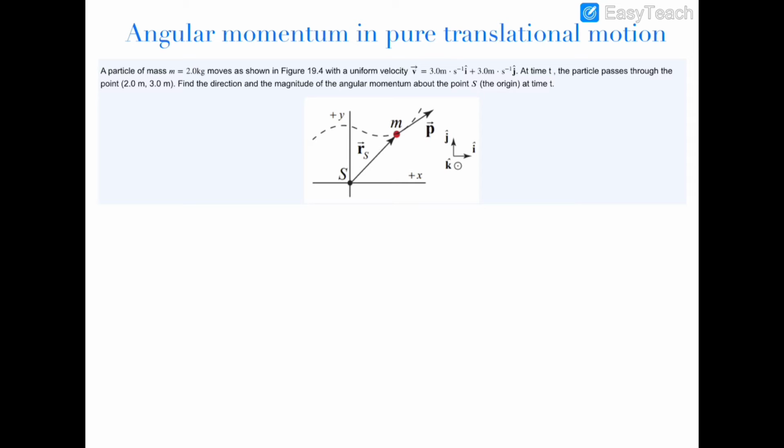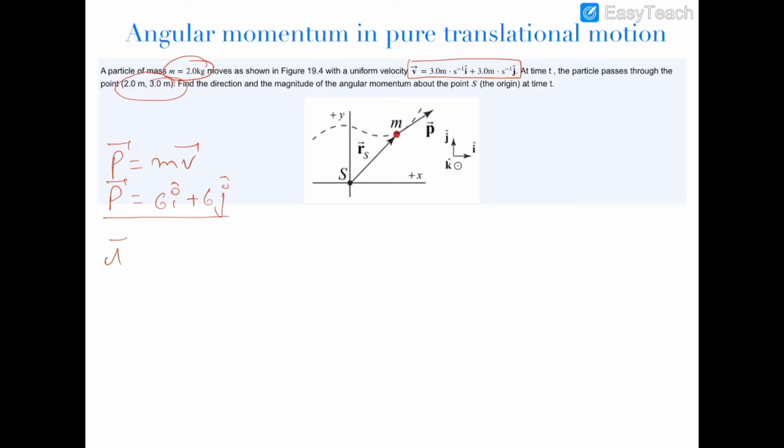Now we know that the mass is given as 2 kg and velocity is given as 3 i cap and 3 j cap. So the linear momentum P will be equal to mv, and therefore linear momentum P will be 6 i cap plus 6 j cap. Okay, now the position vector of this particle can be calculated from the coordinates.